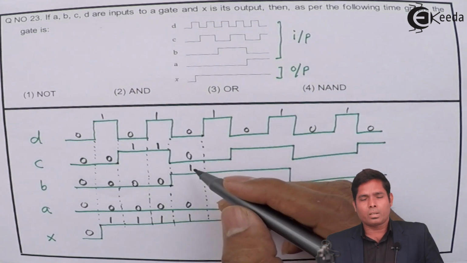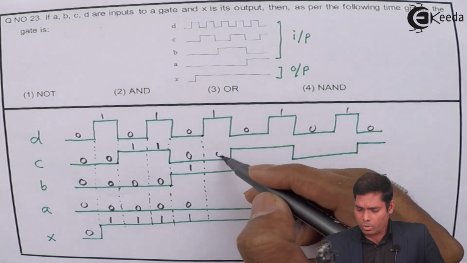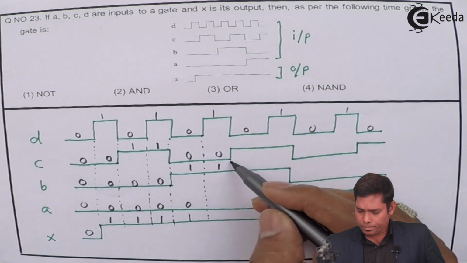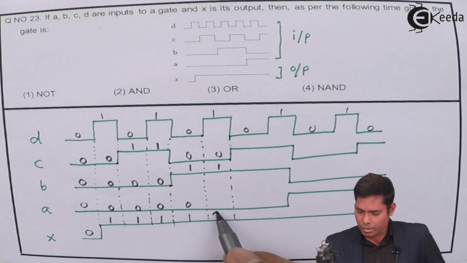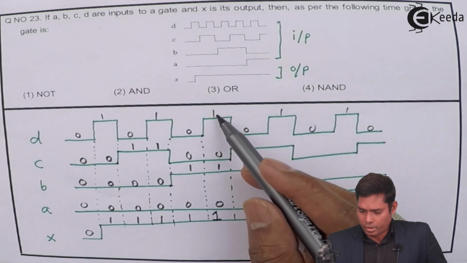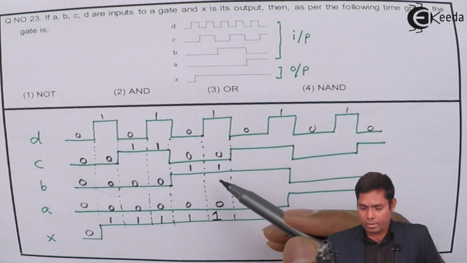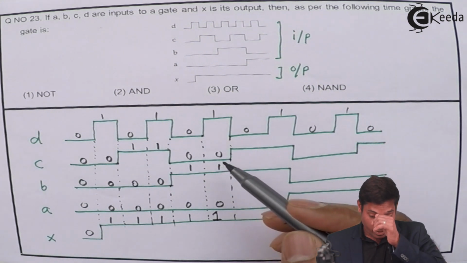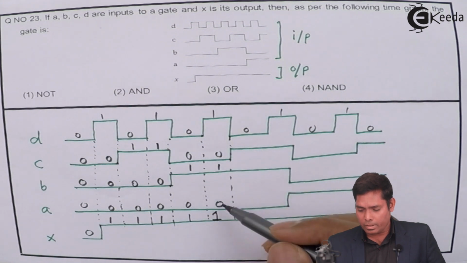Any one of them is 1, then the output is 1. Here A, D and B inputs are 1 and C is 0, and the output is 1.